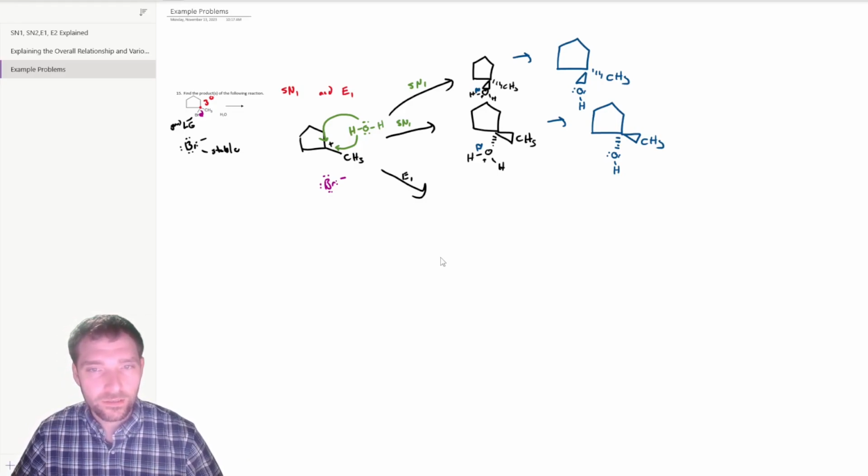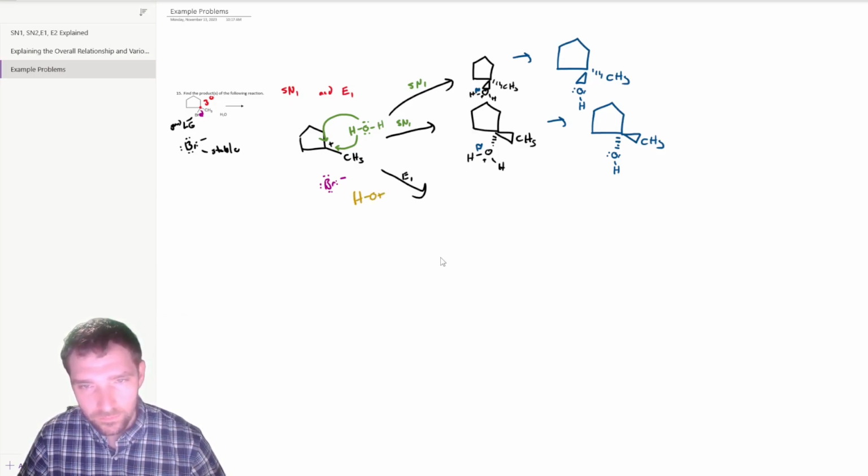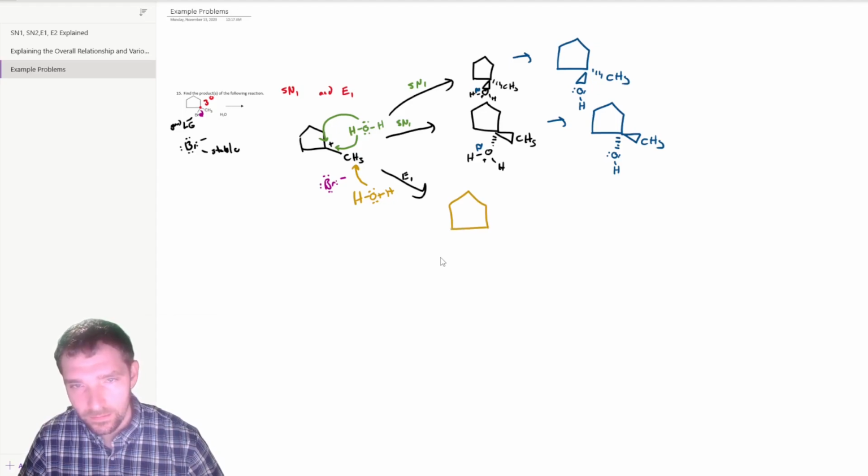This elimination is going to be very similar, but a bit different. Now you've got that water, and instead of attacking the carbocation right there, you could have some water where the lone pair is grabbing one of these hydrogens, causing this to form a double bond here.